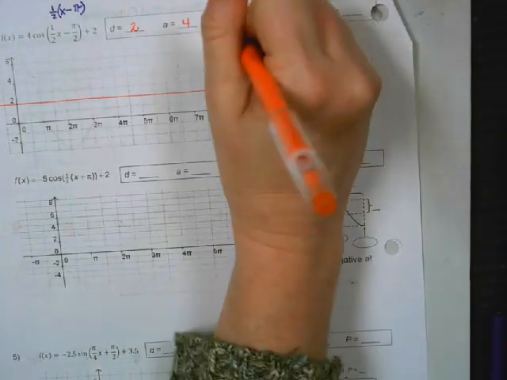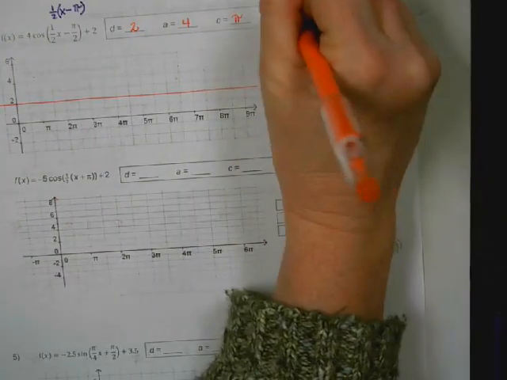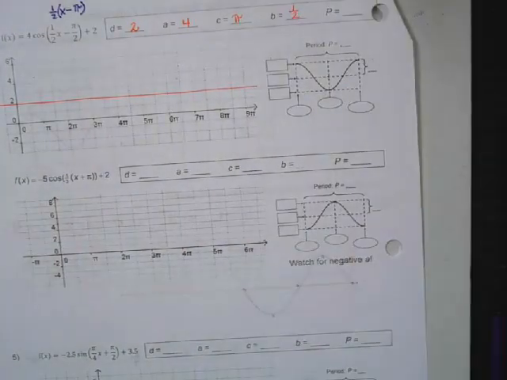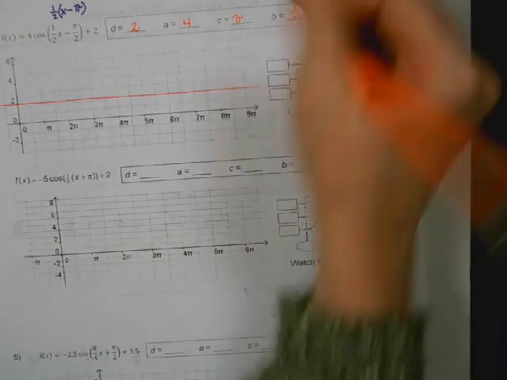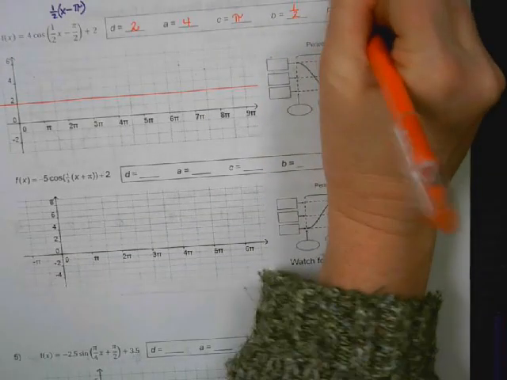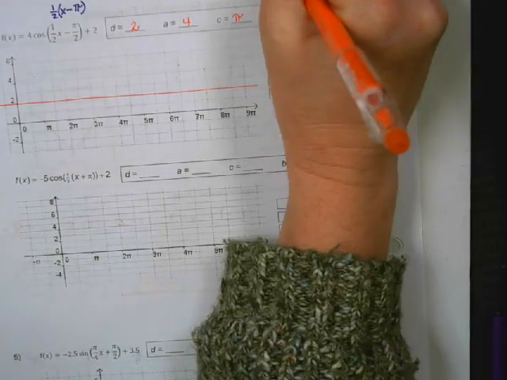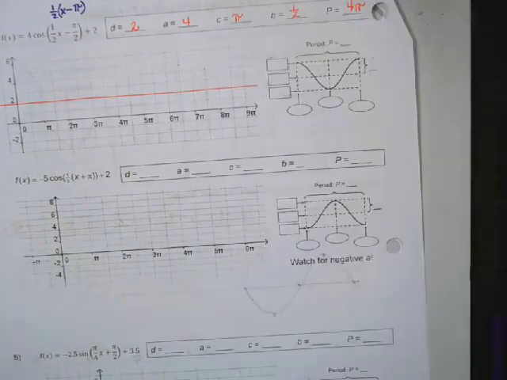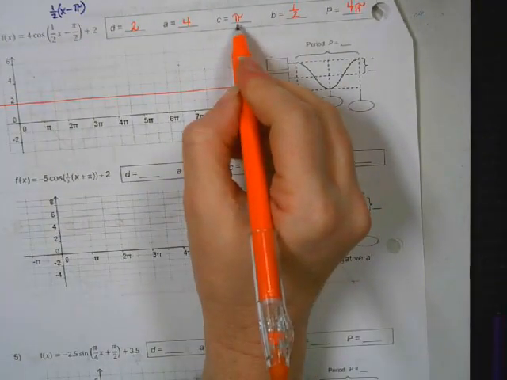My c value is pi, my phase shift. My b value is a half, which makes my period 2 pi. Wouldn't it be 4 pi? I mean, 4 pi, sorry. It's 4 pi. It'd be 2 pi over a half, which you flip, and that makes it 4 pi. Okay, so I have a shift of pi.